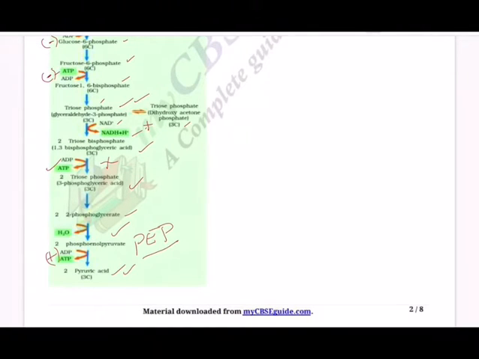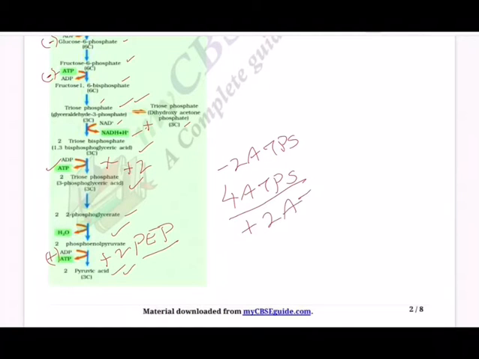And then another one is the step phosphoenol pyruvate, PEP, becoming pyruvic acid. That is 2 ATP. So you got here plus 2 and this also plus 2. 2 plus 2, 4 ATPs are produced, and here minus 2 ATPs. So you are having a net gain of plus 2 ATPs.